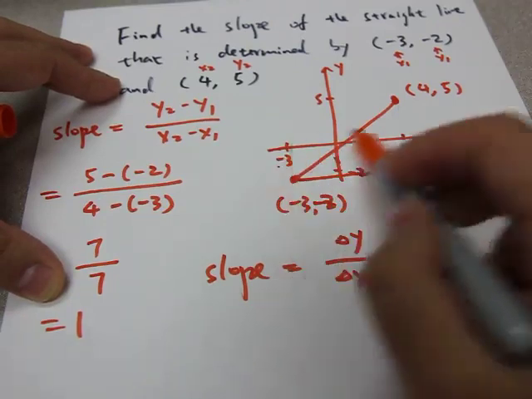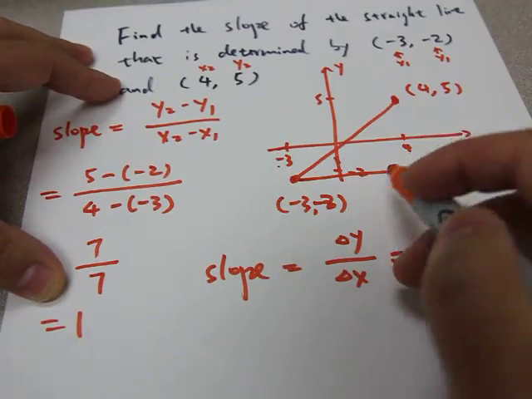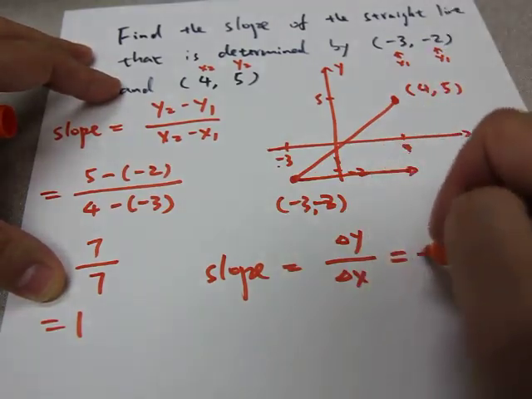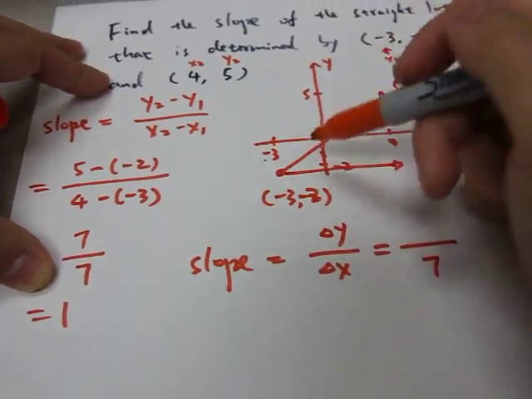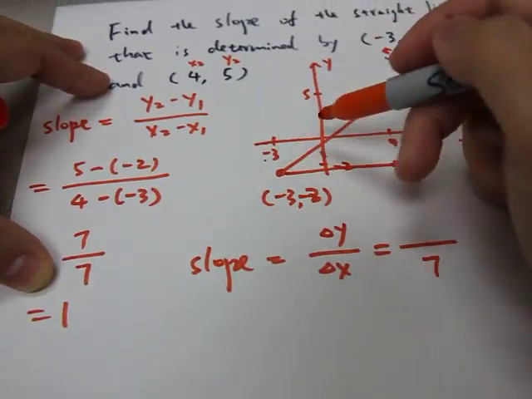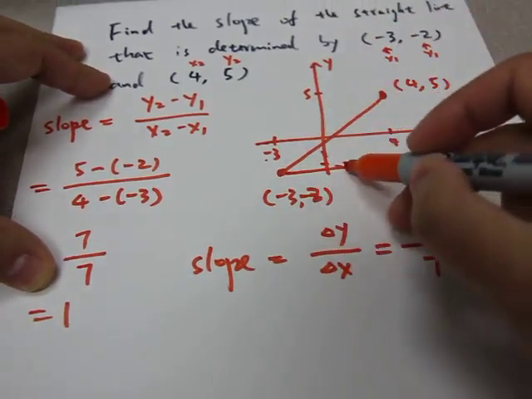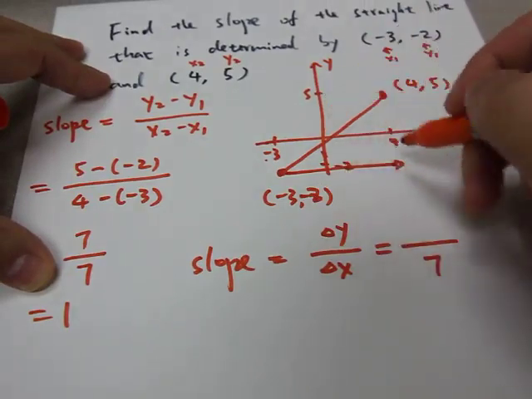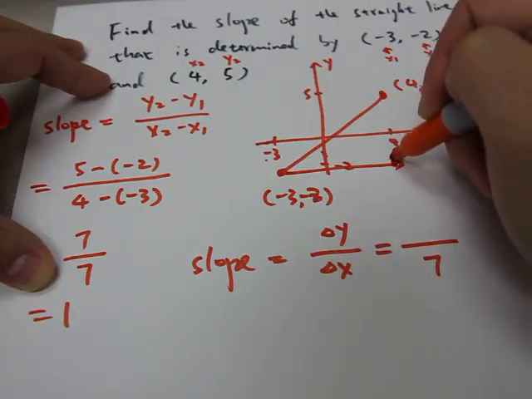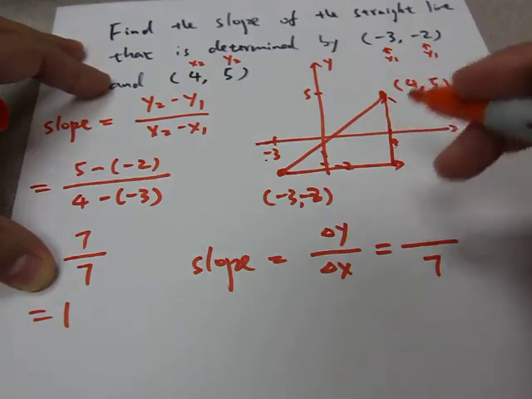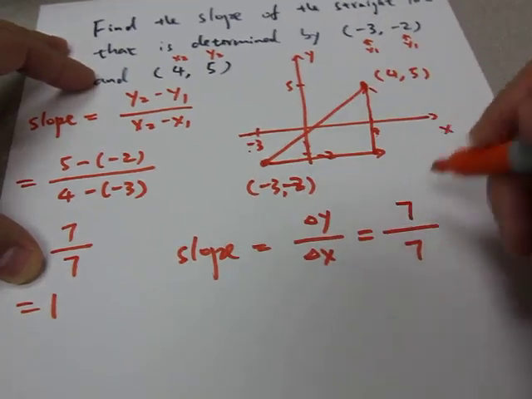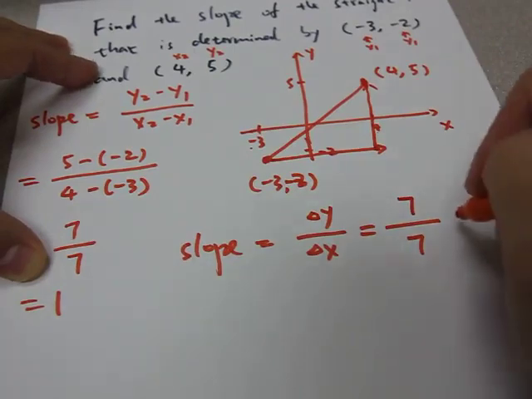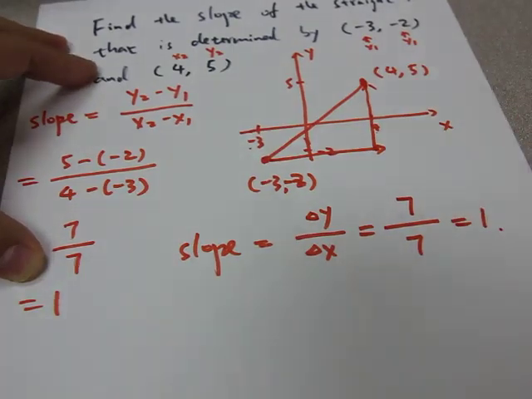From -3 to 4, I have to move 7 units. So the change in the x is 7. And from -2 to 5, I have to move 7 units vertically. So the change in the y is also 7. So the slope is 1.